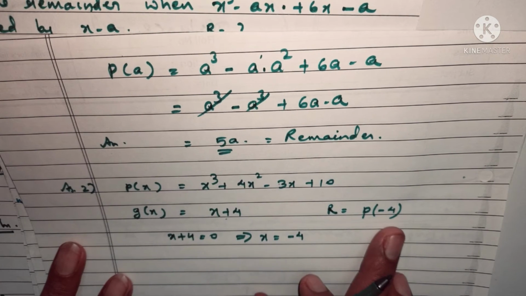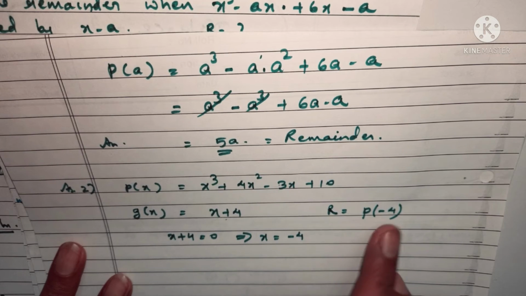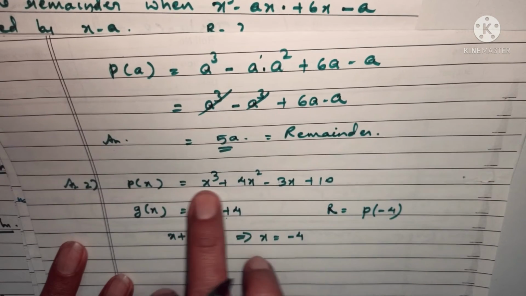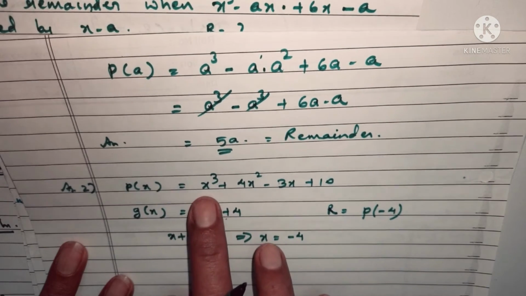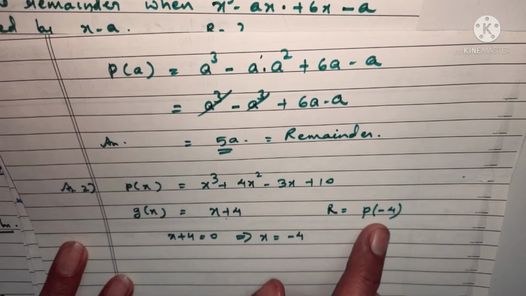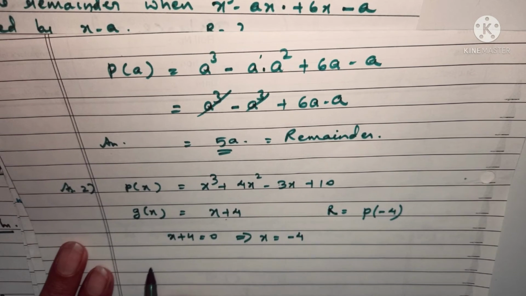P(minus 4). It means if we want to find the remainder, we are going to put minus 4 in place of x. Whatever x is here, in the place of x we will put this value to get the remainder. So let us find out the remainder.